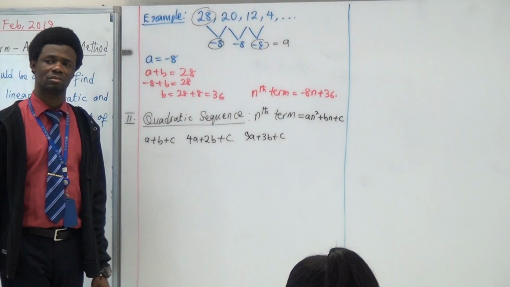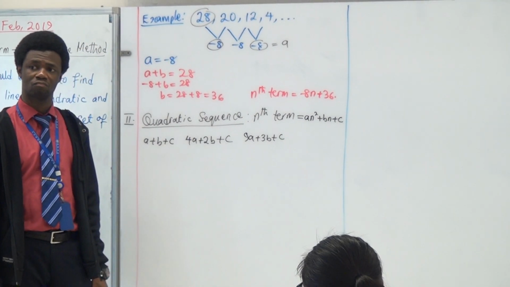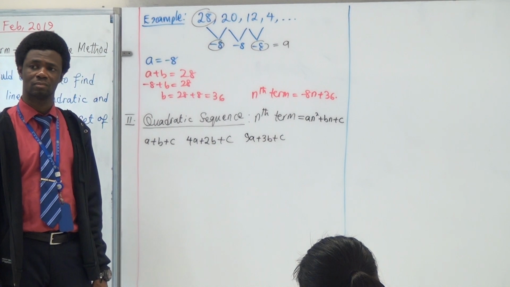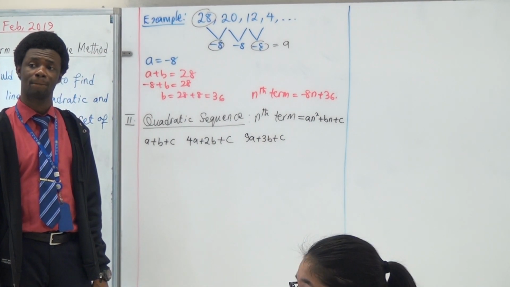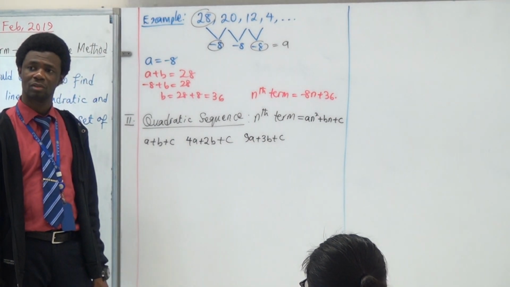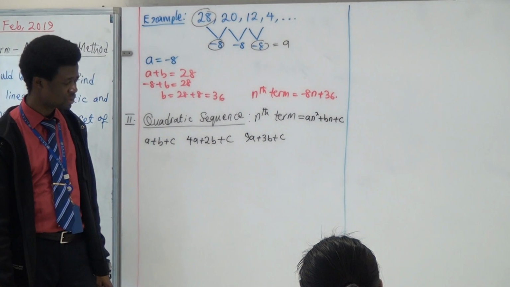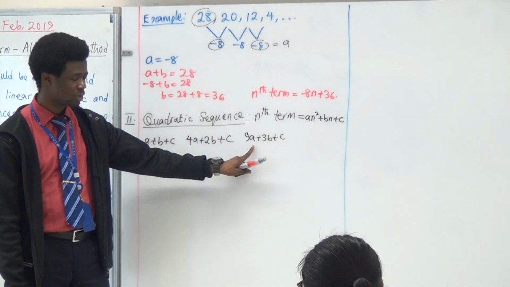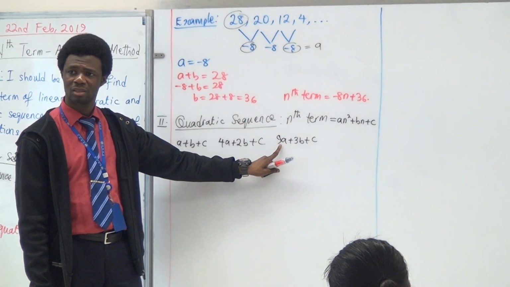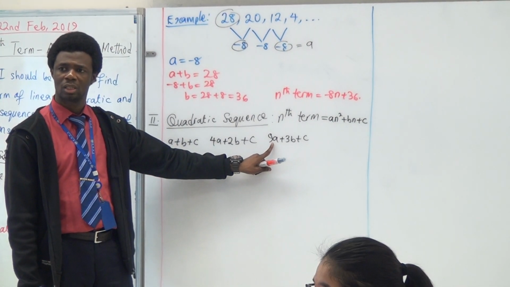Yes, Isaac? It's not 6a. How do you get 6a? I took 5 to 6. Where did you get the 5 now? There's no 5 on the board. The third one is 9.